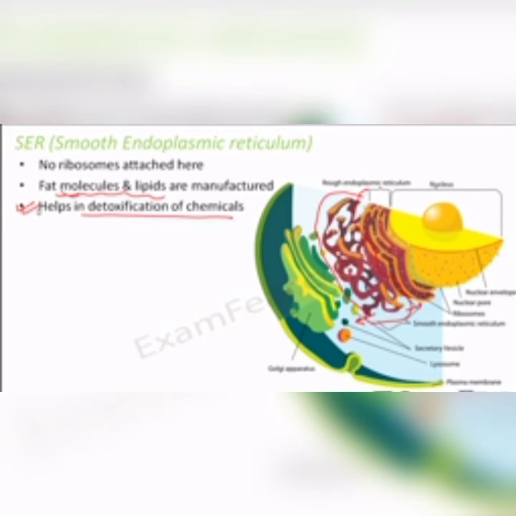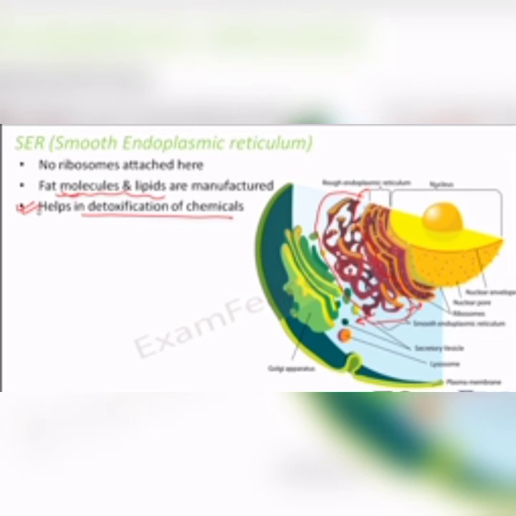So whenever somebody is consuming alcohol, the liver has to function more in order to detoxify the harmful chemicals. Now in order to help the liver, smooth endoplasmic reticulum doubles its surface area to increase the detoxification process. Smooth endoplasmic reticulum is present in the liver, so it increases its surface area so that it can fasten the process of detoxification.